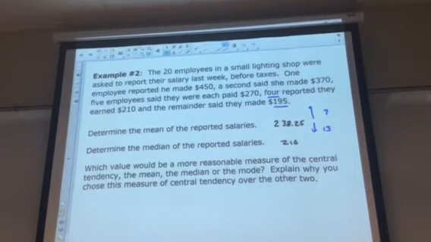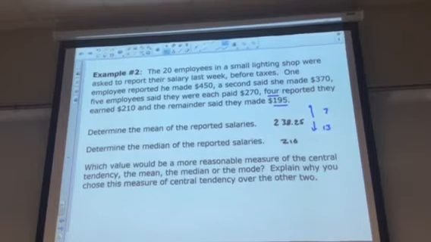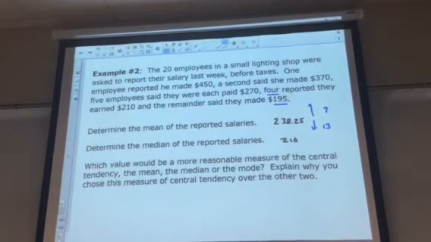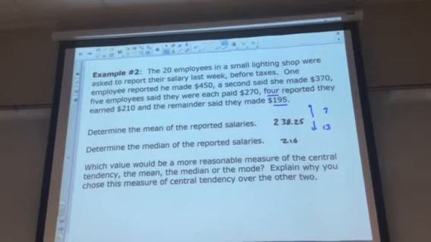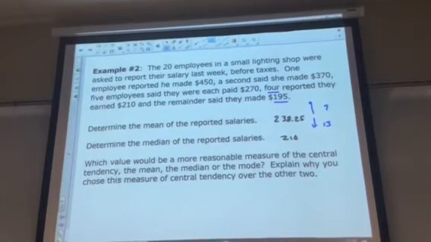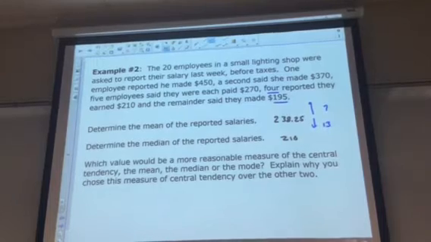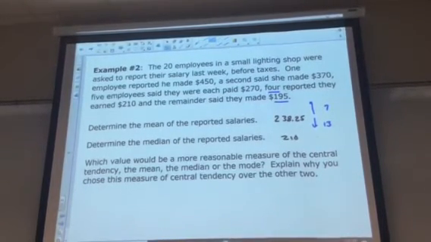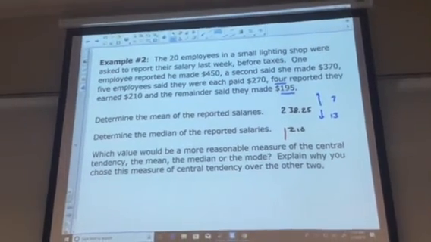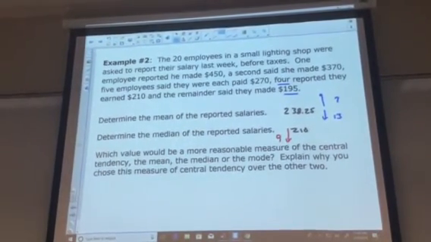Well, it could, but not necessarily, because I've got a huge amount of weight on the lower side. So let's look at the median. How many salaries are below 210? Only 9.